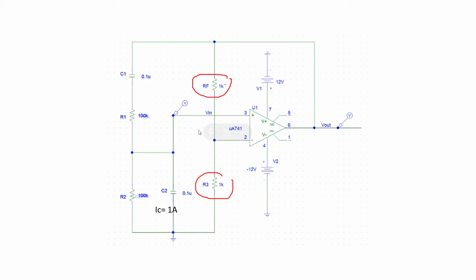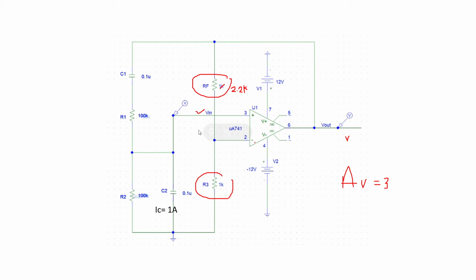Maybe here you can change to 2.2 and see what happens in the graph. It will give different values and different oscillation if you change this value. Make sure the AV is equivalent to 3. The output is measured here at the output of the op-amp, and the input is here.